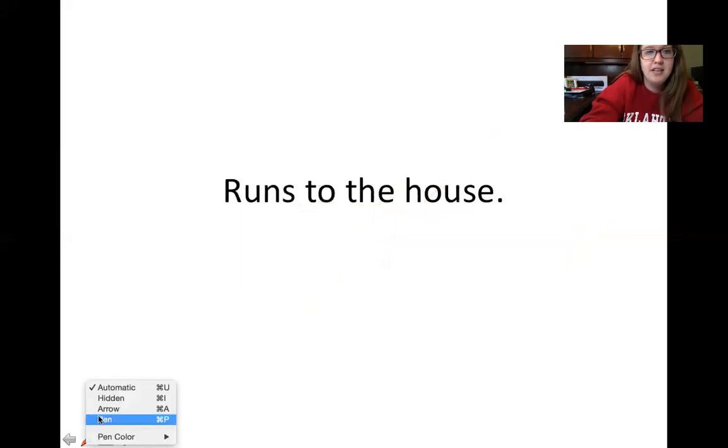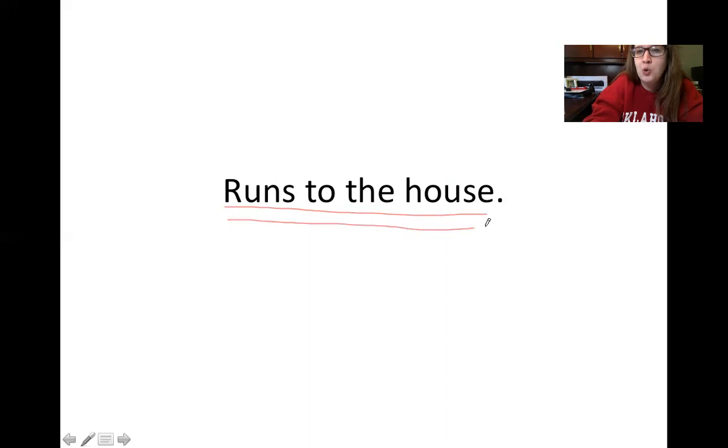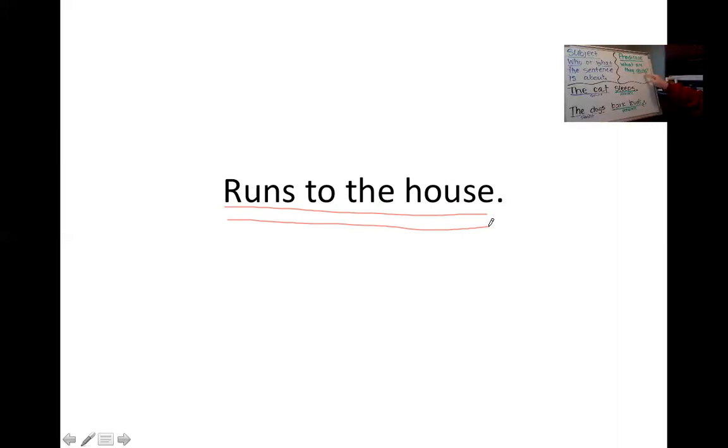All right, another sentence. Runs to the house. If I came up to you and I said, runs to the house, you're probably going to say, what? What is she talking about? So let's look and see if we have all the parts of our sentence. Runs to the house. Would that tell us who or what our sentence is about, or would that tell us what they're doing? That's going to tell us what they're doing, which remember is the predicate part of the sentence.